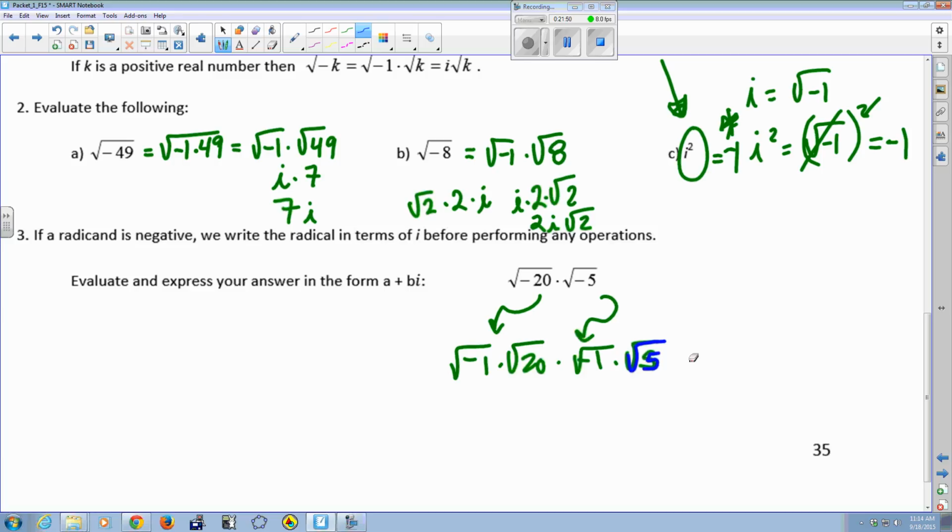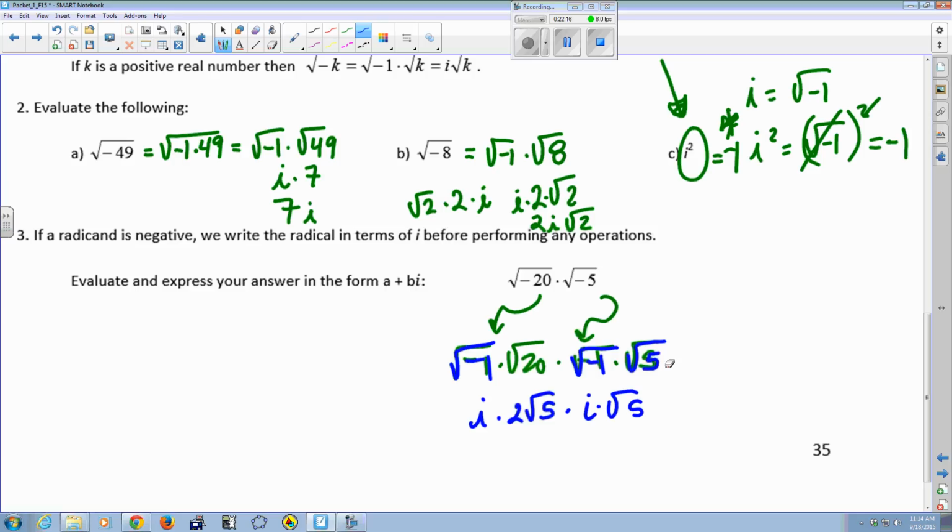Where did the i come from? Right, square root of -1 can be simplified to i, and then square root of 20 can be simplified to square root of 4, square root of 5, which is 2 square roots of 5. And then we've got one more i coming out of here. There we go, square root of -1 is another i, and we've got the square root of 5.